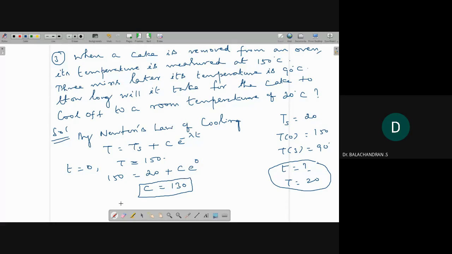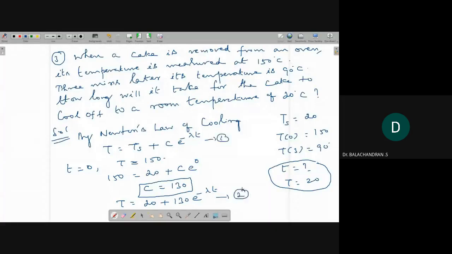Now substitute the C value here. So T equal to Ts, which is 20, plus C, which is 130, into e power minus lambda t. I call this equation 1, this equation 2.